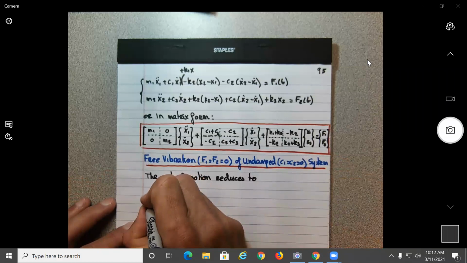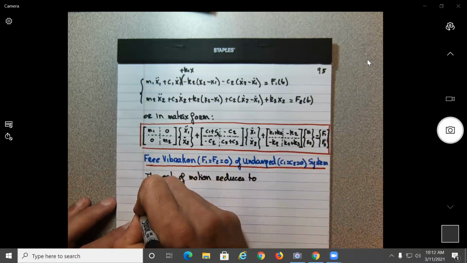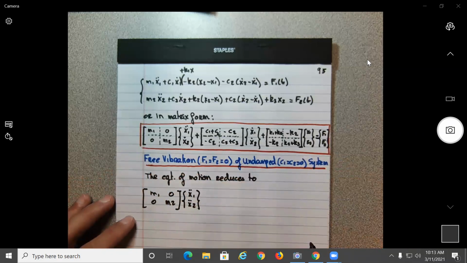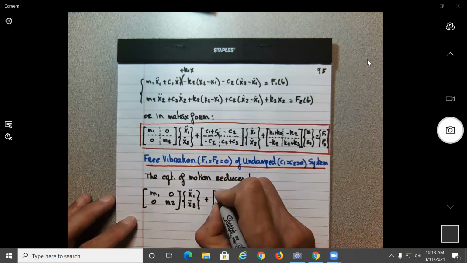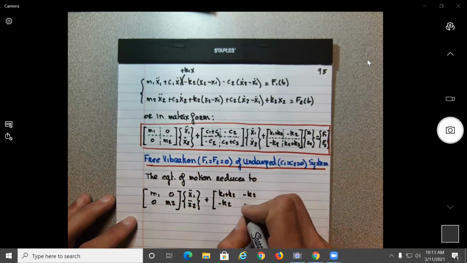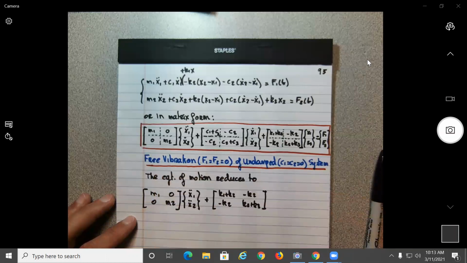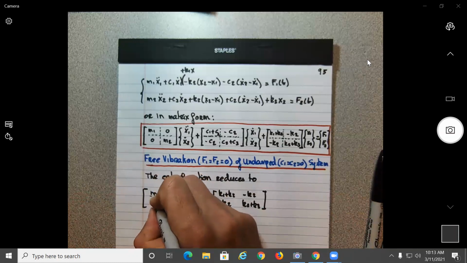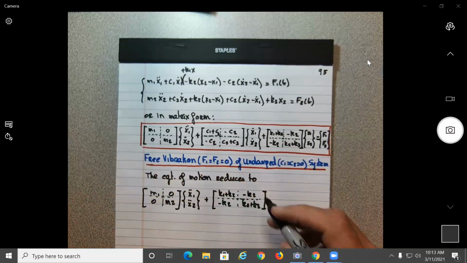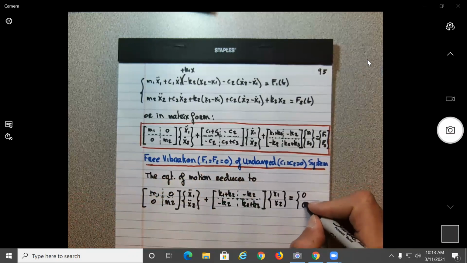So we're going to have M1, 0, 0, M2, times x double dot 1, x double dot 2, plus K1 plus K2, minus K2, minus K2, K2 plus K3, times x1, x2, is equal to 0, 0.